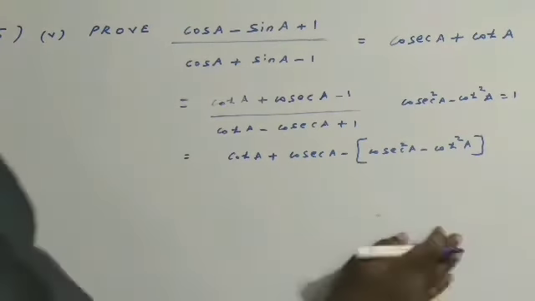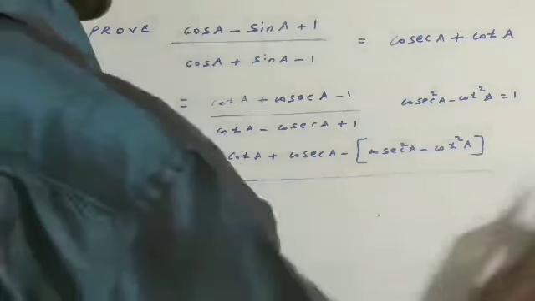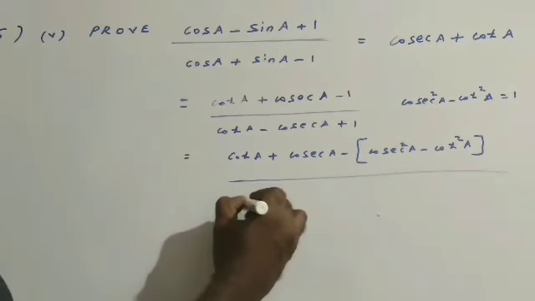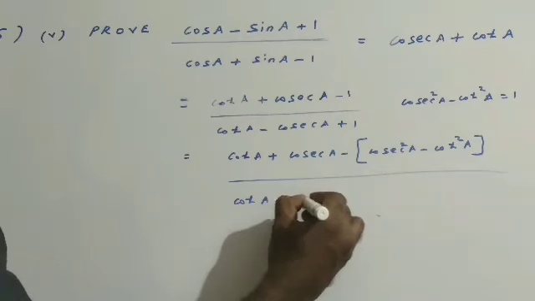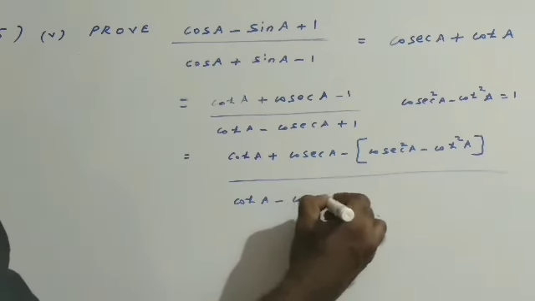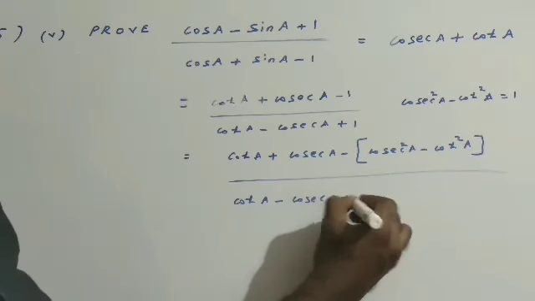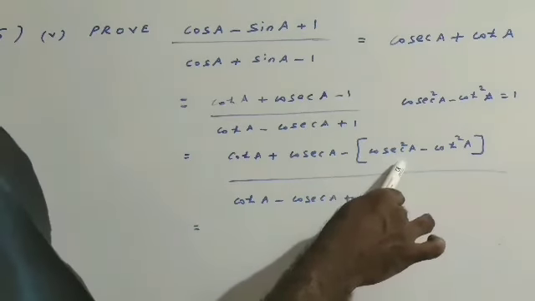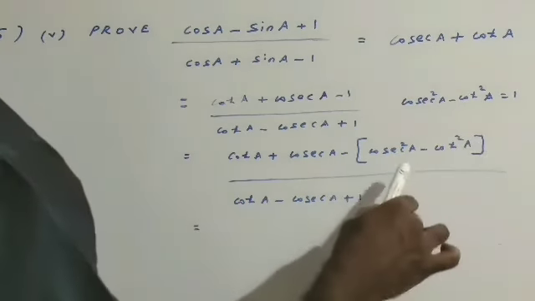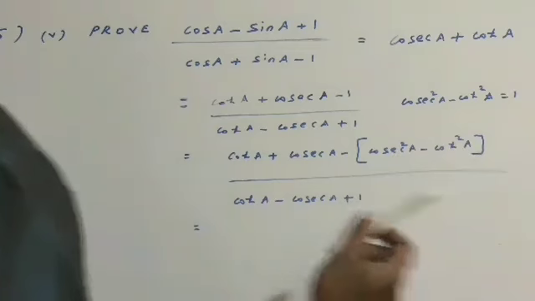In the denominator, write the terms as they are: cot A minus cosecant A plus 1. This looks like the A square minus B square formula. So write A plus B into A minus B.